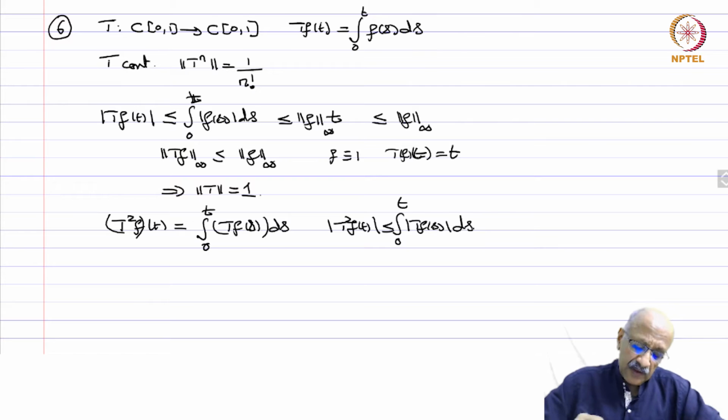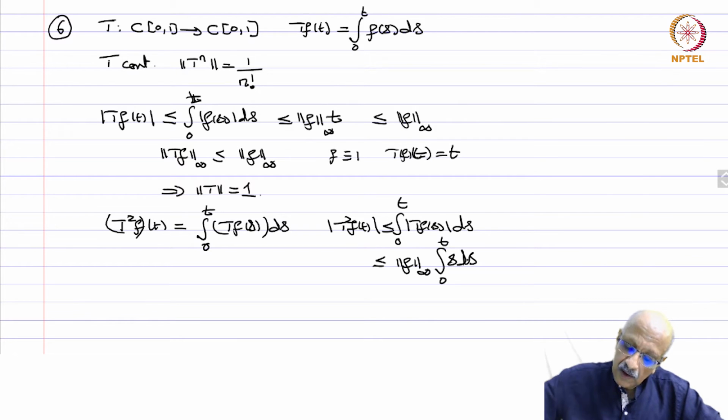But Tf(s) we have just computed, that is less than or equal to norm f infinity. I have just computed this, mod Tf(t) is less than norm f infinity into t, so the integral 0 to t of s ds. So that is equal to t squared by 2 norm f infinity.